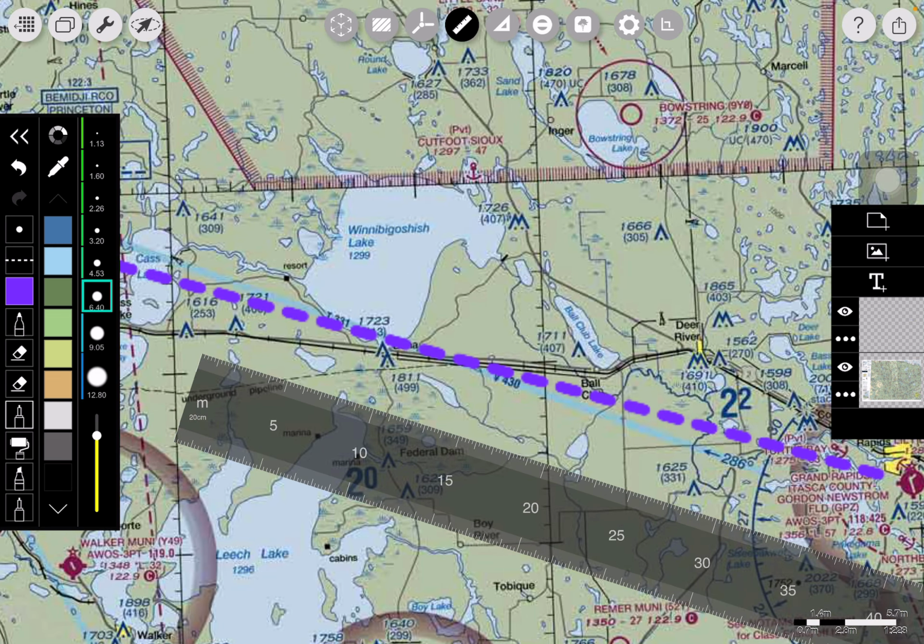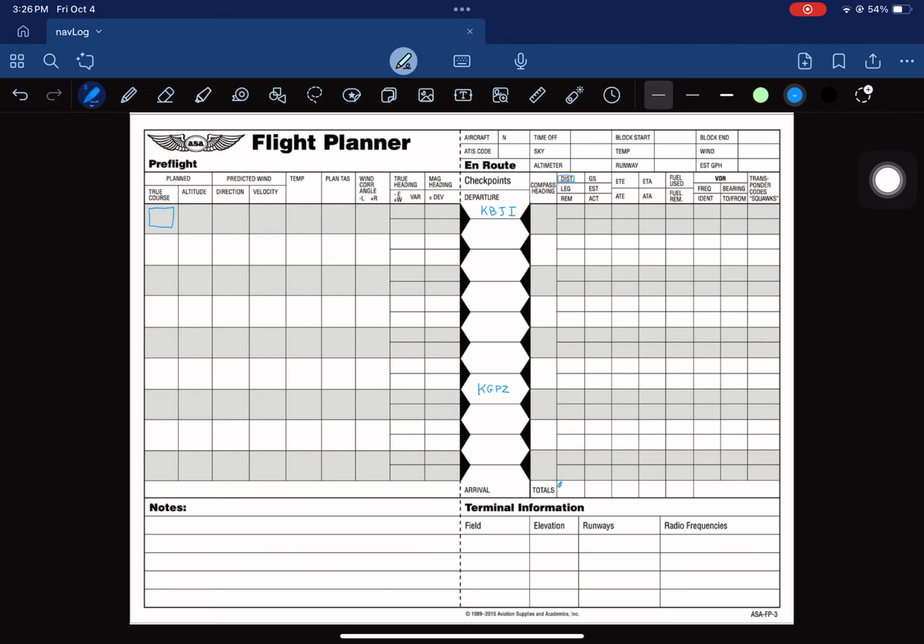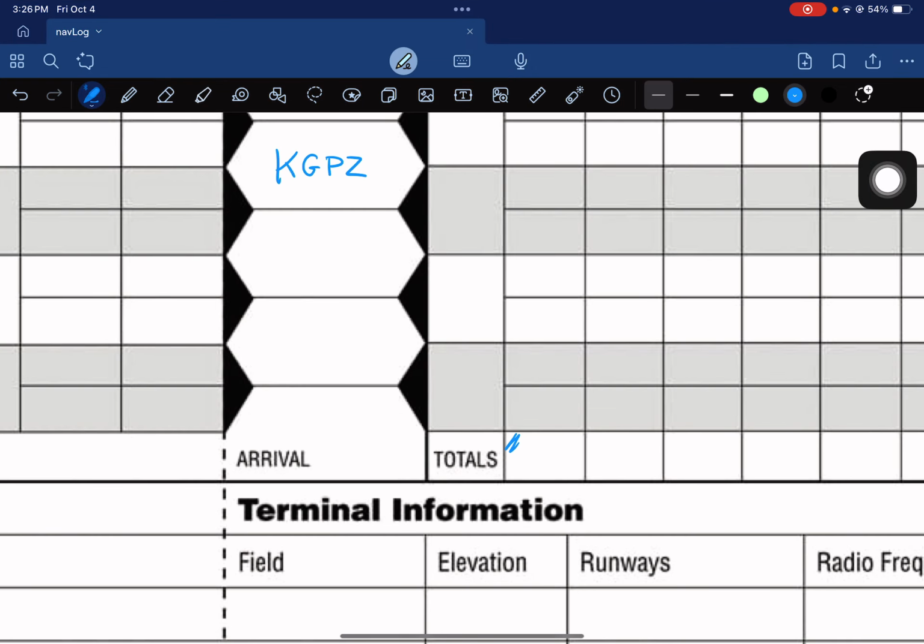And that's it. Let's write down those numbers. 61 nautical miles.